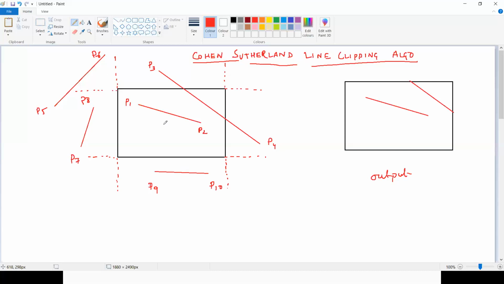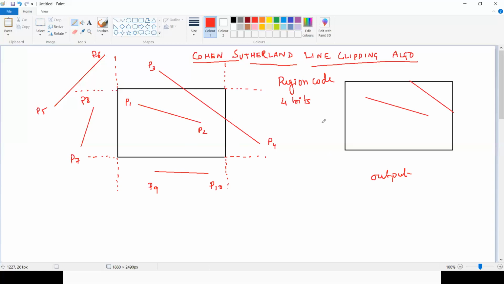The Cohen-Sutherland line clipping algorithm is based on the region code. How can we generate the region code? This region code is generated by 4 bits. So this is a 4-bit region code.